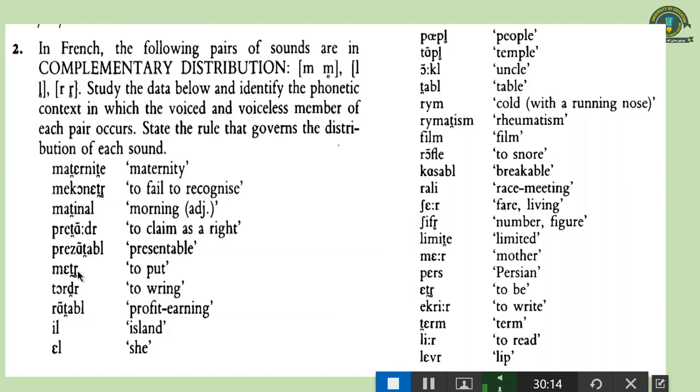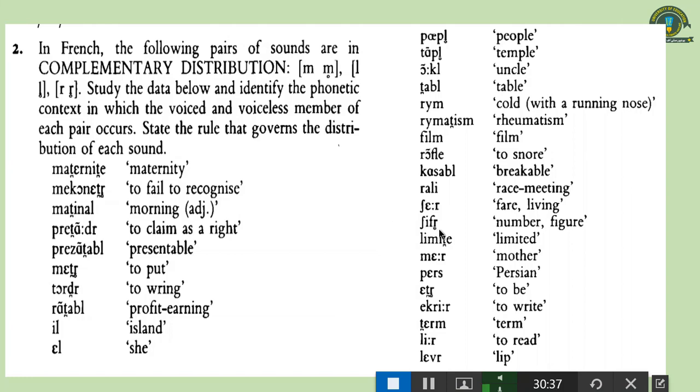We can observe another example. This example is also where r is losing its voicing. It's becoming devoiced, but here again it is preceded by t. We will look at another example. See here, it's shiffer.